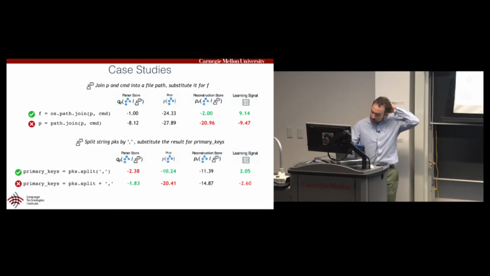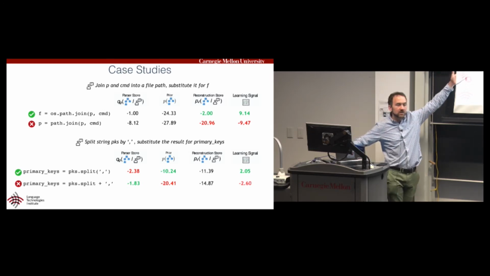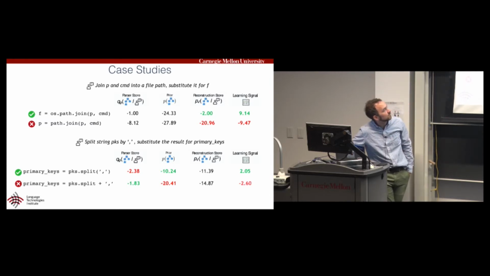And in the second case, we have primary keys equals pks.split. In this case, the prior is much higher for the output that is canonical Python, because the neural language model is able to determine that this is more natural as Python than this one.